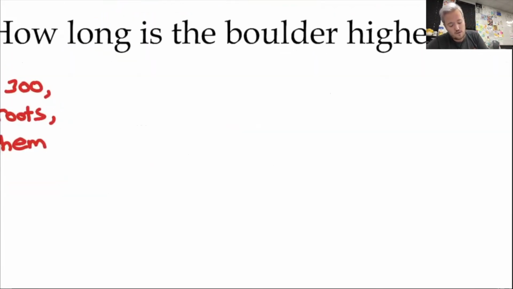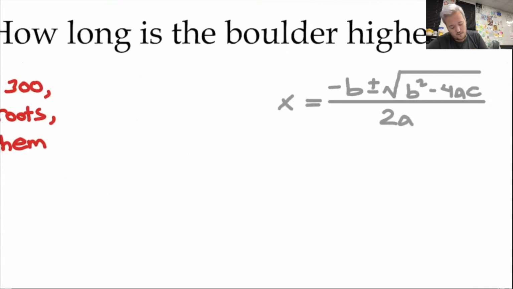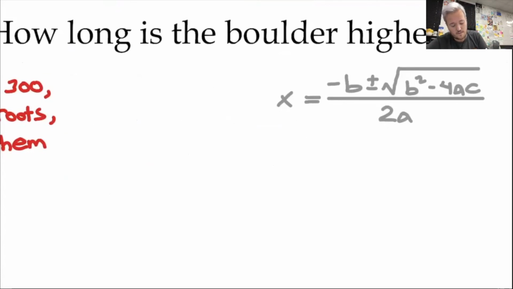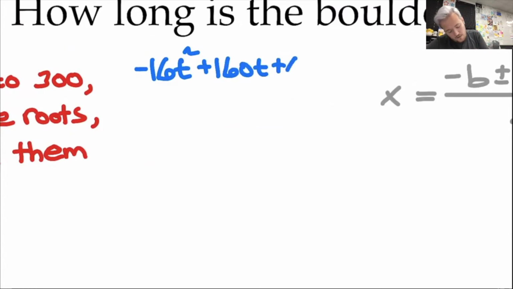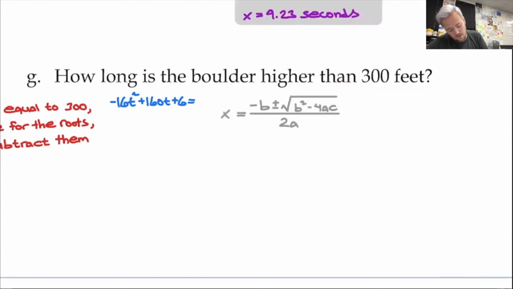All right, so let's start off. Quadratic formula, you go over there. Start with our equation. So we want negative 16 t squared plus 160 t plus 6 equals, was it 300?